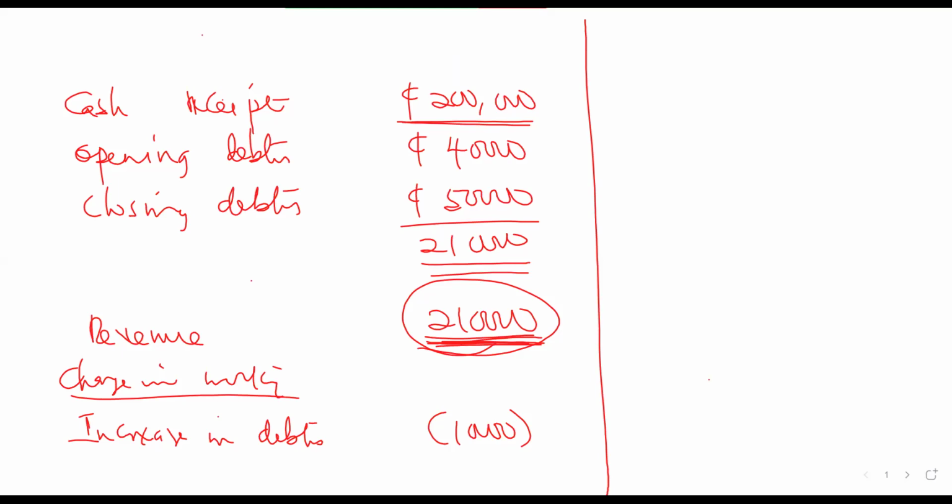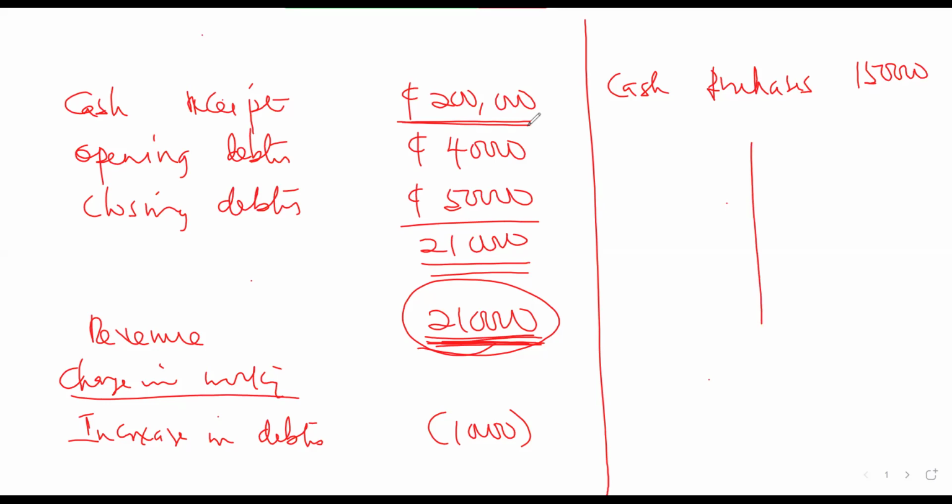So purchases, there is no opening balance for creditors, and there's no closing balance. So the cash purchases, there is no opening, there is no closing. So let's say the cash purchases is 150,000.